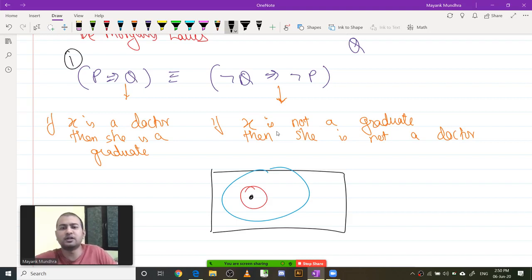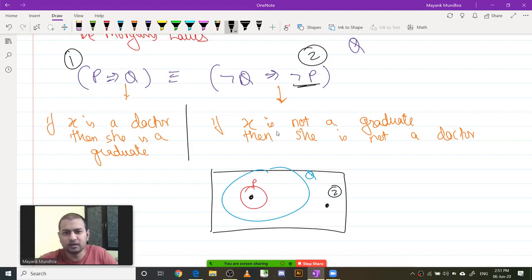Red circle signifies statement P, and blue circle signifies statement Q. Statement 2 means that if a point does not belong to the blue circle, that is, if a point lies outside the blue circle, then it should lie outside the red circle as well. Okay. So these two statements are logically equivalent to each other.